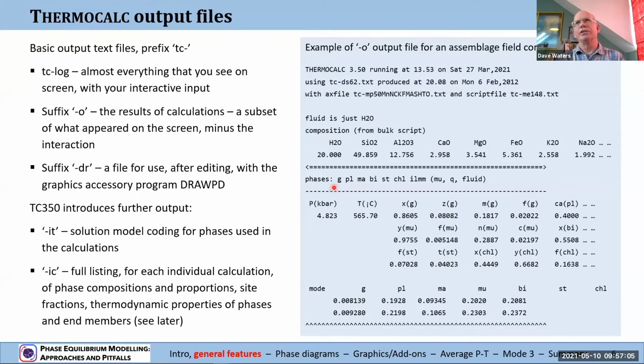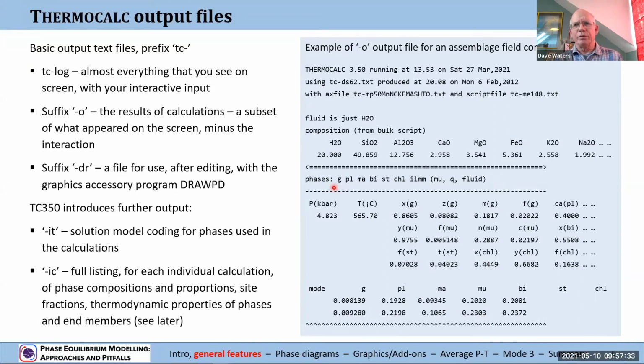It's a result of the calculations that you've asked it to do, minus the interaction. There's a DR file, which is meant for use with the DrawPD, the accessory program that will produce graphics output for you. The latest versions introduce further output, some of which is interesting and important. The IT file is one that actually lists the solution model codings for the phases that you use in the calculation.